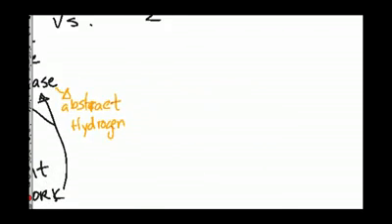Now let's look at the E2 reactions. So the E2 reactions are going to have, I'll do that in blue so you can see what's different there. We're going to have a concerted reaction, and we're going to form a transition state.